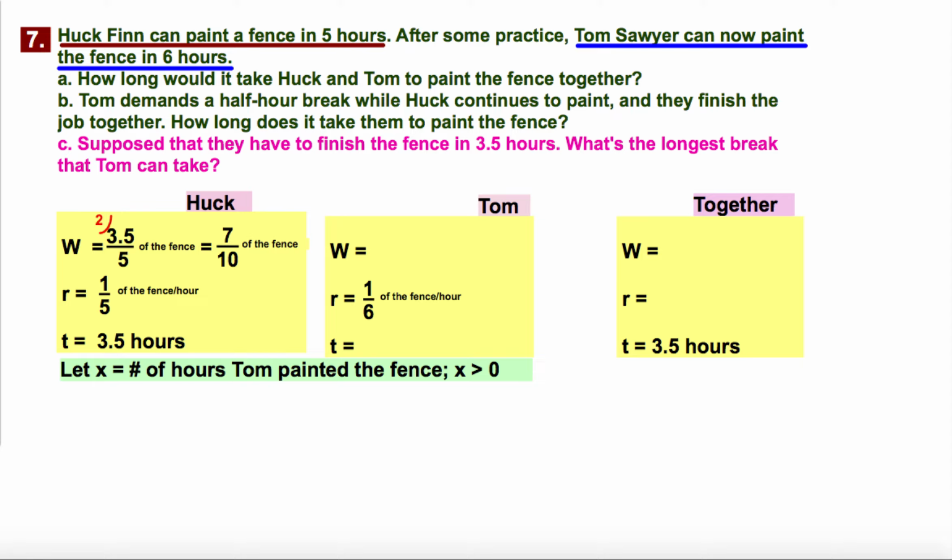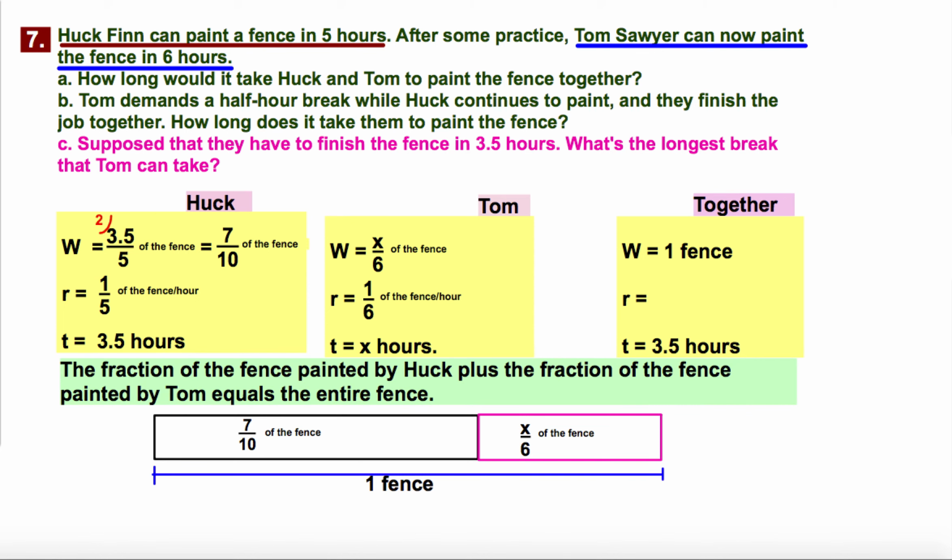Let x equal the number of hours that Tom painted the fence, such that x is greater than 0. Tom's work on the fence is x over 6 of the fence. The fraction of the fence painted by Huck plus the fraction of the fence painted by Tom equals the entire fence.